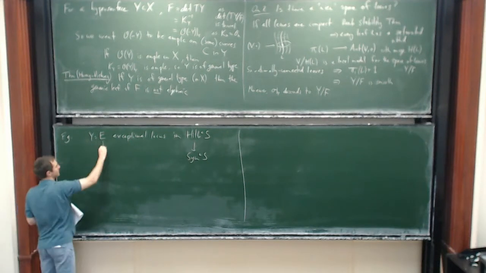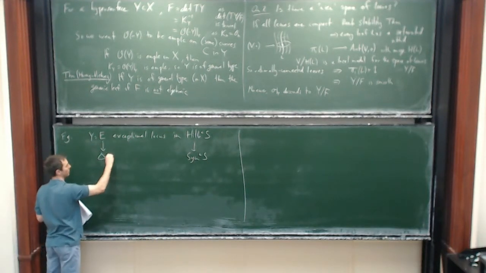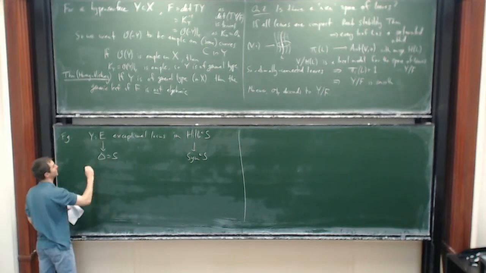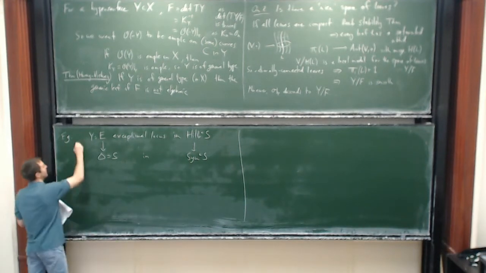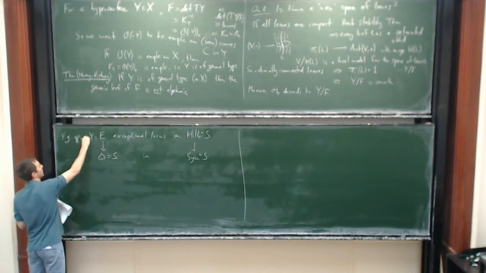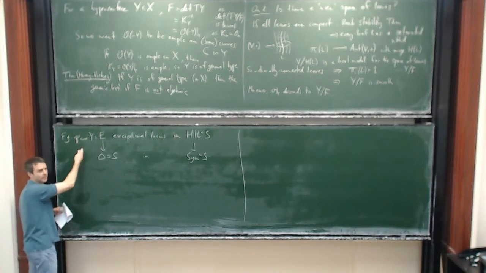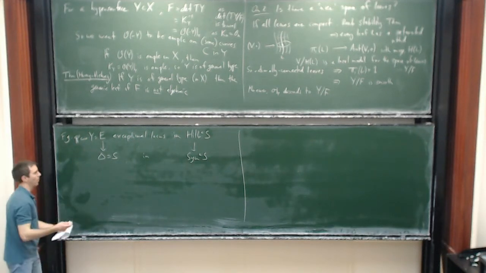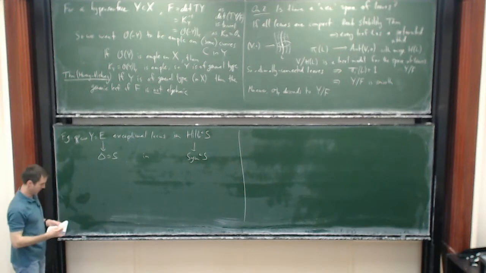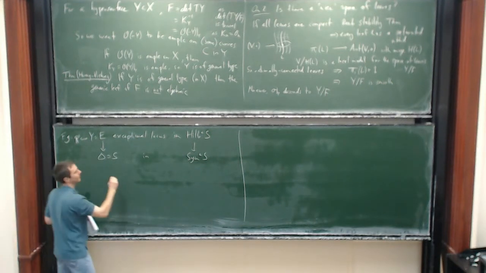And of course, this maps down to the diagonal in the symmetric product, which is isomorphic to a K3 surface, and Y is a P1 bundle over that. So in this case, these P1s are the leaves of the characteristic foliation on Y, and this is your space of leaves.